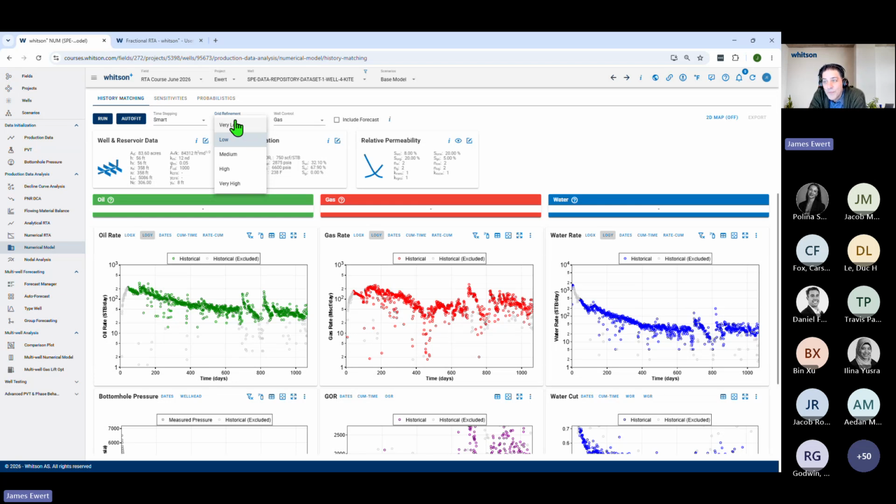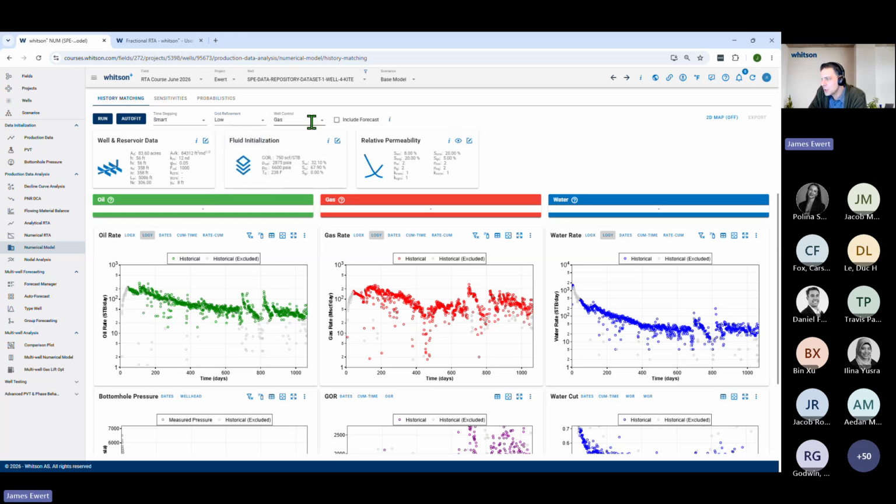So if I was doing the final run on something that was super important, I might put it at medium or high. Very typically, I leave everything at low, but I leave that up to you. When you've analyzed a couple of wells, you can run it both ways and see if there is any meaningful difference between the two. Typically, I don't see anything that would change any type of business decision whatsoever. And so I find low is really a great way to go. But if you want to try it, very high is available for you as well.